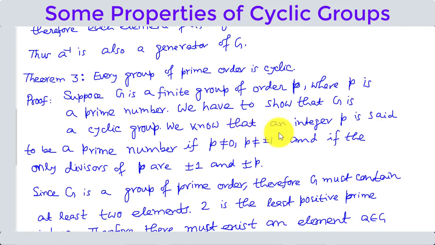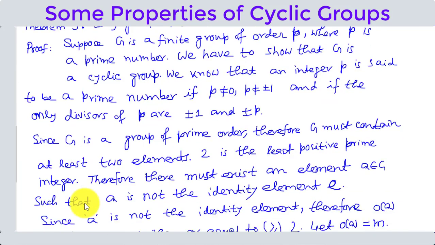We know that an integer p is said to be a prime number if p is non-zero, p is not equal to plus minus 1, and the only divisors of p are plus minus 1 and plus minus p.